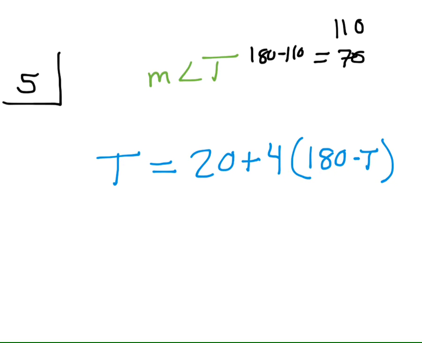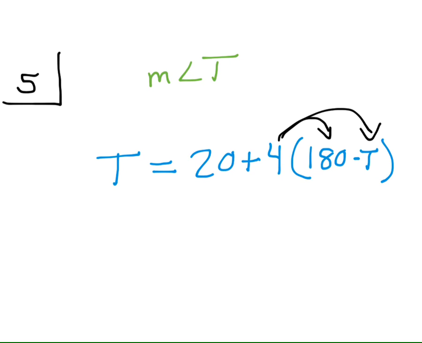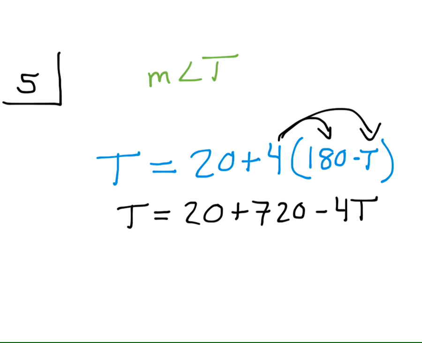Okay? So now I just need to solve this algebraic equation for the variable T. I'm going to distribute the 4, do the multiplication first. I get T equals 20 plus, I believe that's 720 minus 4T. I get the T's together on the same side of the equal sign. So I'll add 4T here, add 4T here.